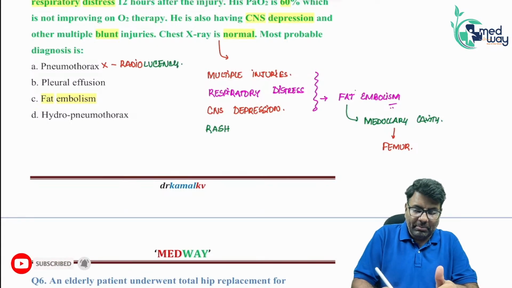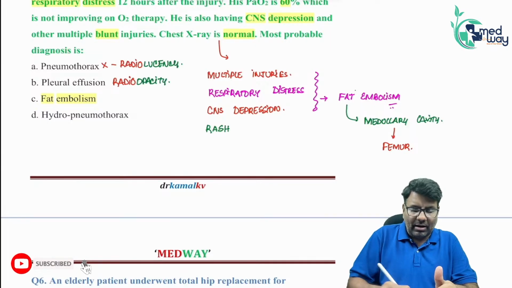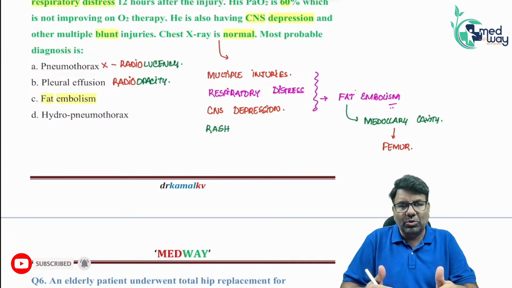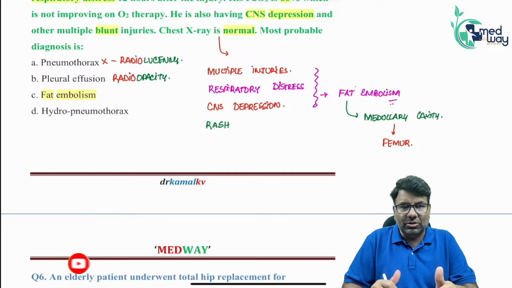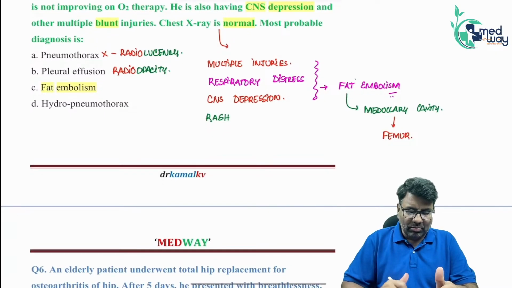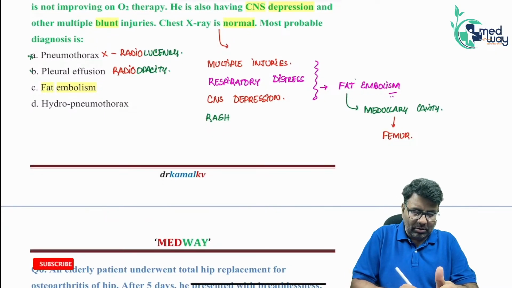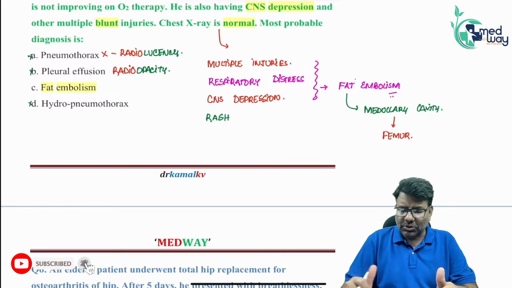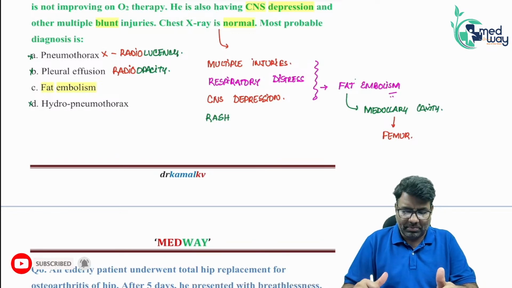Then similarly, if there is pleural effusion, that should show you radio-opacity. And in hydropneumothorax, you will have both the features, and in between the two there will be a straight line. So these are not possibilities here. Classically, this is fat embolism.